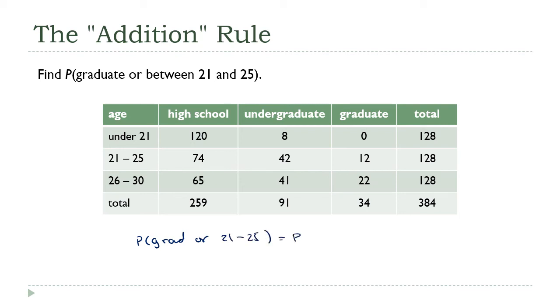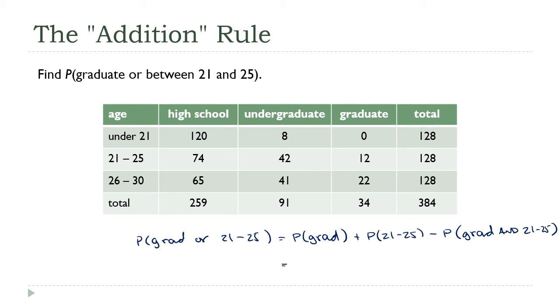Well, that's the probability of someone having grad school as their education level, plus the probability of being between 21 and 25, minus the overlap, the probability of having a graduate degree and being between 21 and 25.